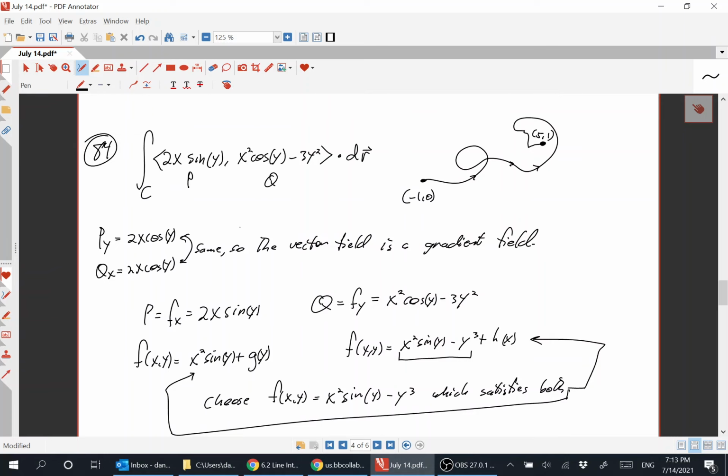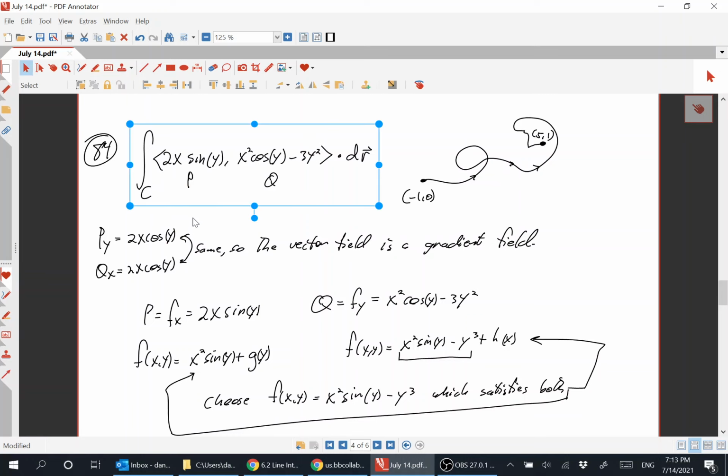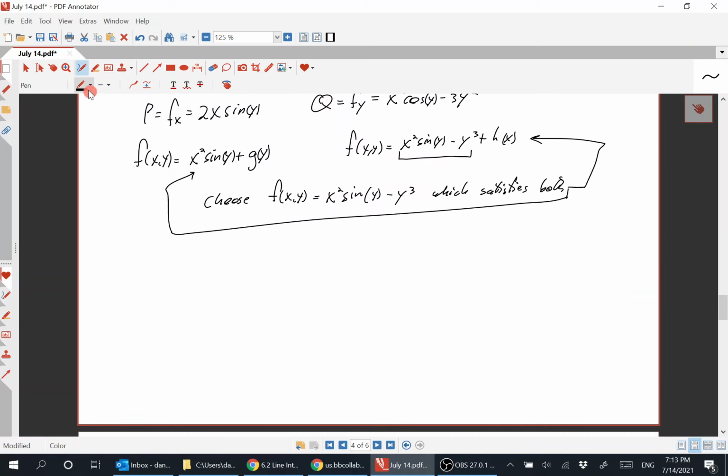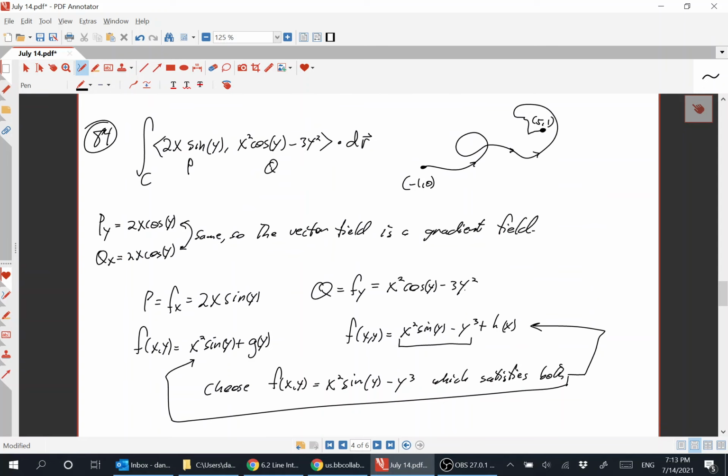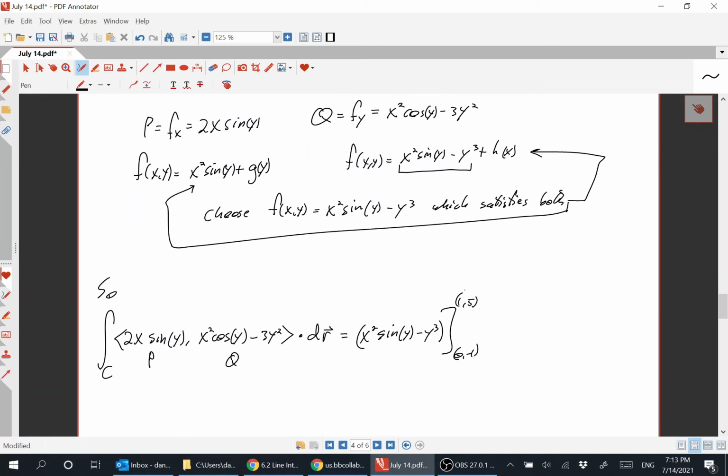So this line integral is equal to x squared sine y minus y to the third from negative 1, 0 to 5, 1.